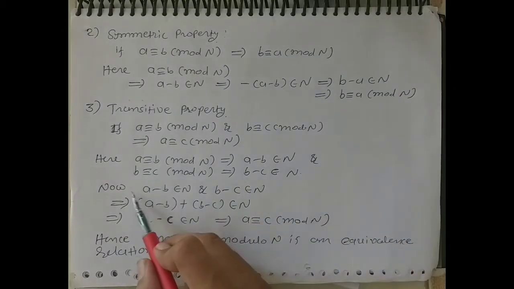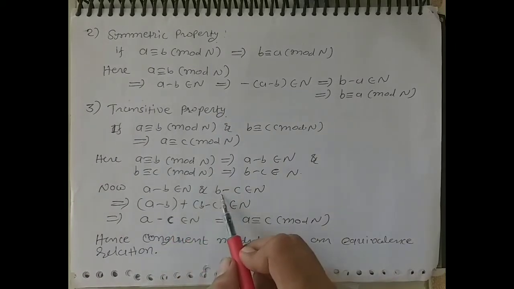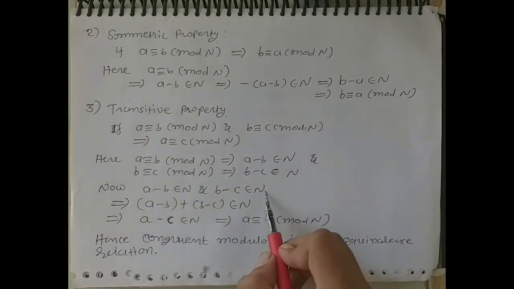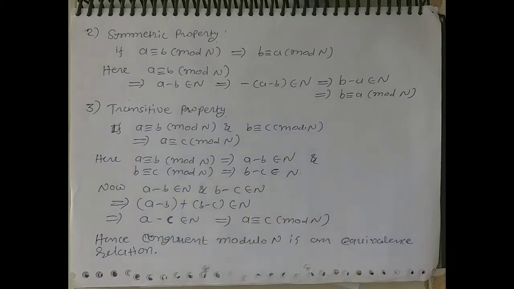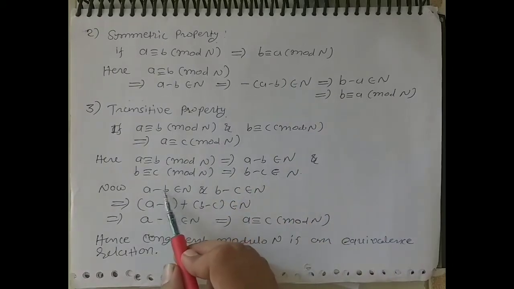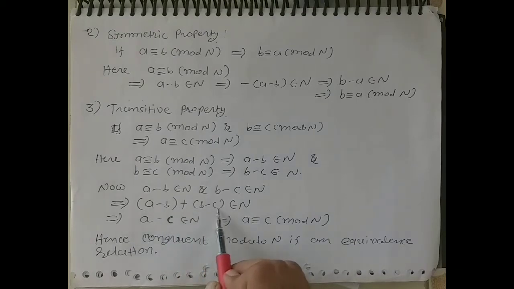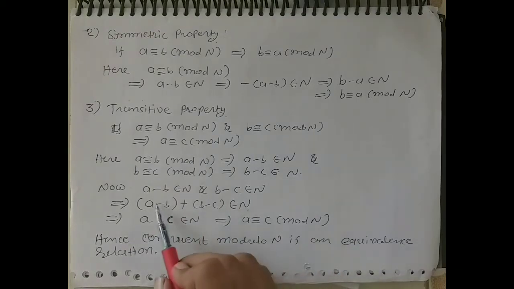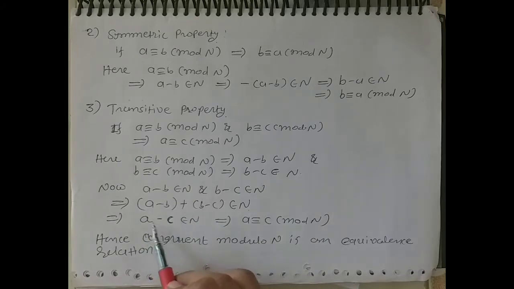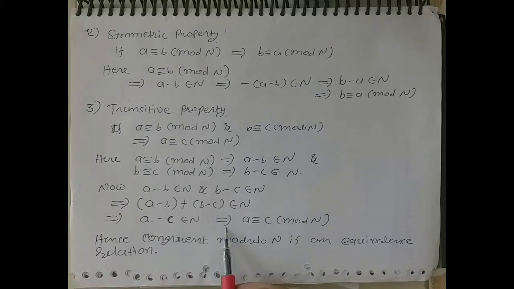Now A minus B belongs to N and B minus C belongs to N. We have obtained these from the definition. So the summation of these two, that means A minus B plus B minus C, also belongs to N. Now A minus B plus B minus C means A minus C belongs to N. This implies that A is congruent to C modulo N, which is required.